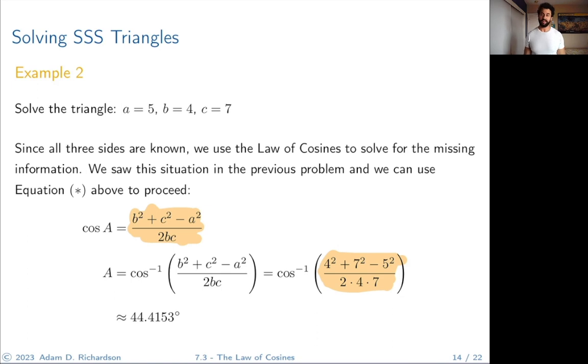Now we go to our calculator, and our calculator will approximate this value for us. You just plug this in, evaluate it, make sure you're in degree mode because we're using degrees, and our calculator will spit out something like this, 44.4153 degrees. There we go.